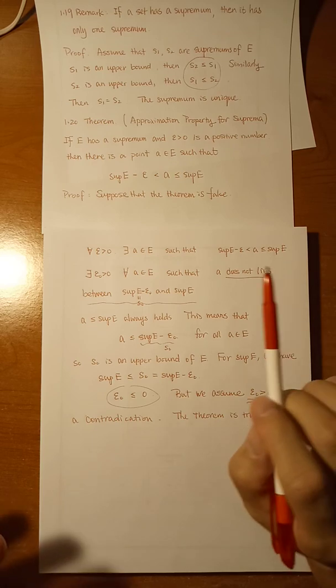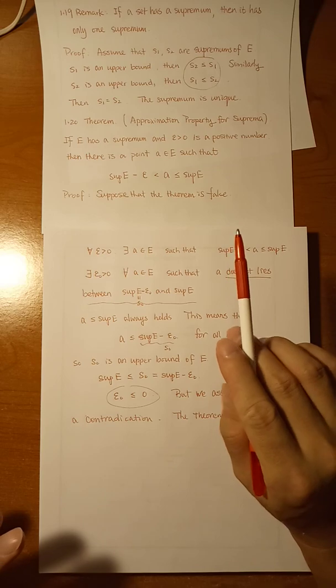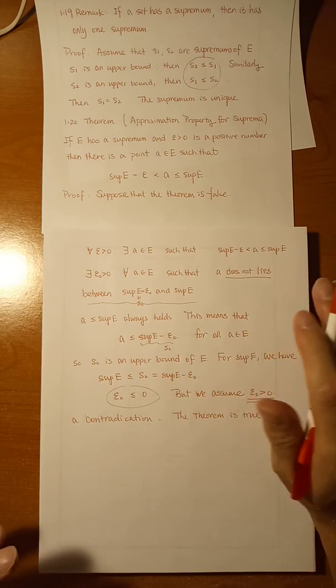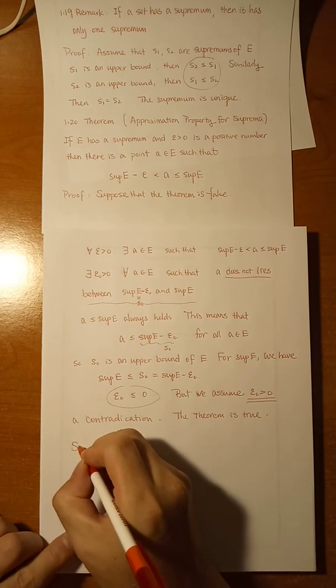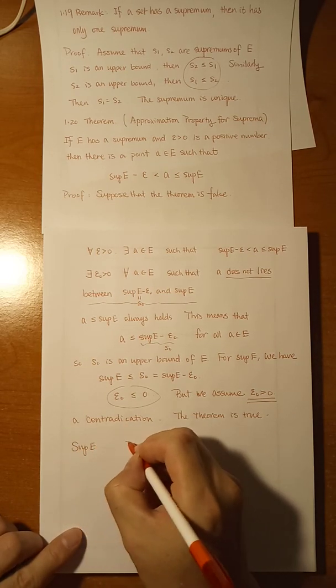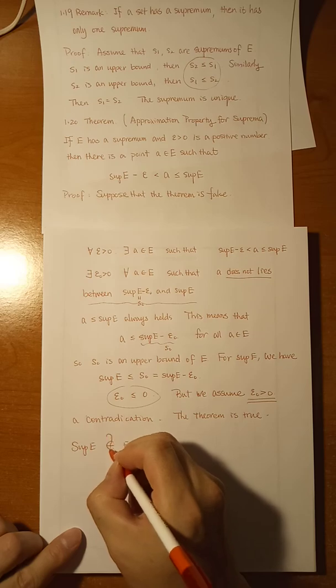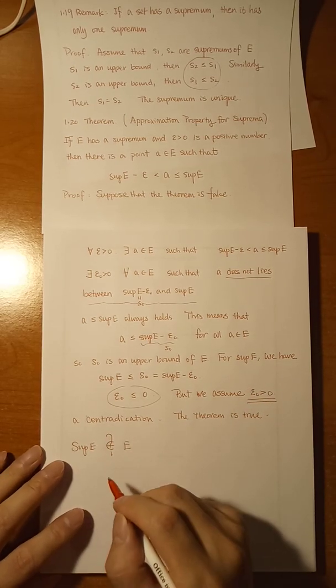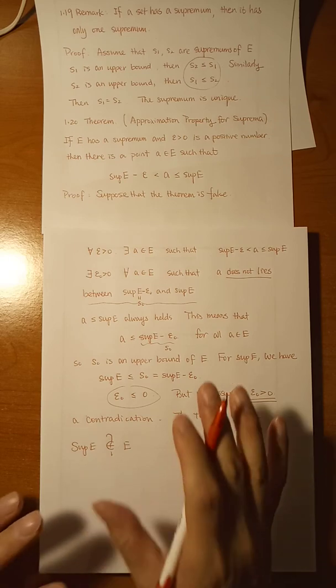So again, the supremum is an upper bound, but the supremum may not belong to the set. This is not always true. The supremum of the set may not belong to the set.